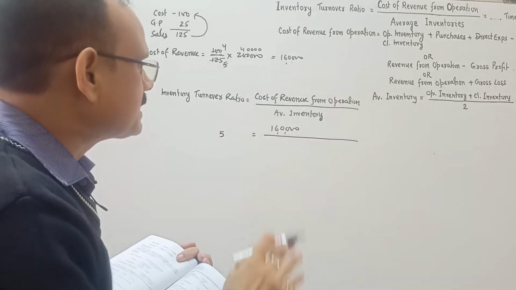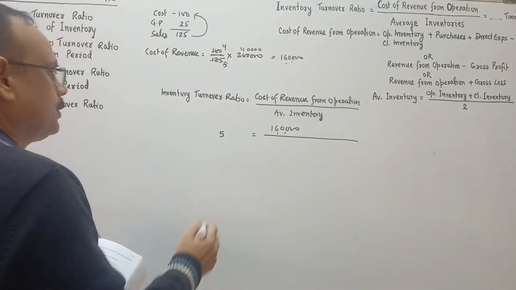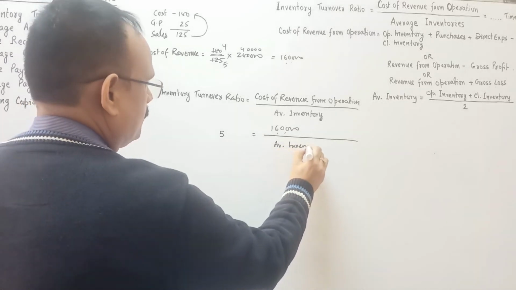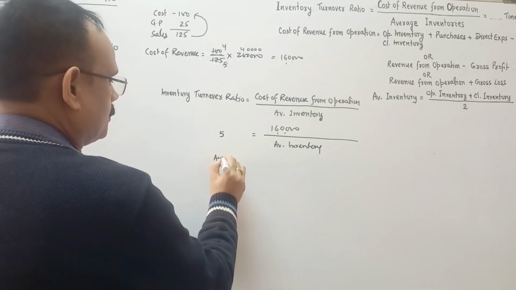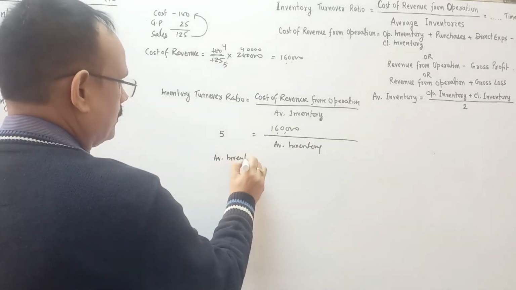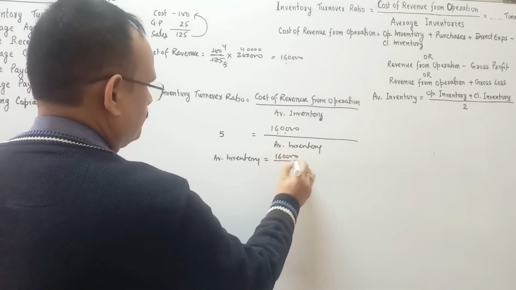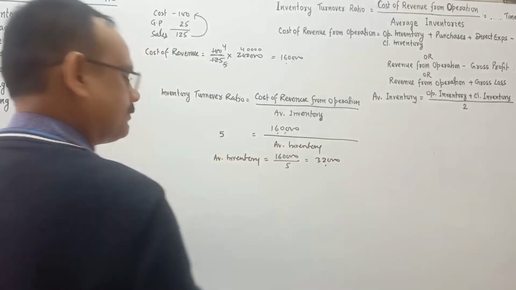Coming to the average inventory, first of all we will find out the average inventory. Average inventory is equal to 1,60,000 upon 5. So 32,000 is the average inventory.